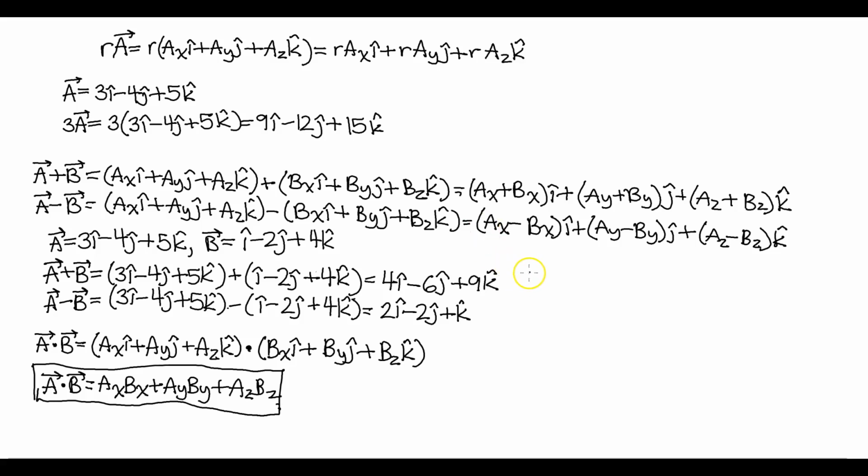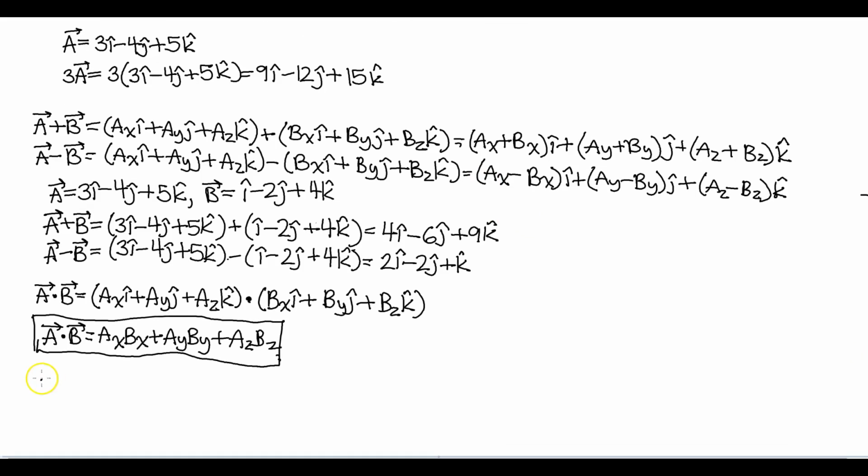So if A is 3i minus 4j plus 5k, using the same example vectors as above, and B is i minus 2j plus 4k, then for A dot B we just use the formula.